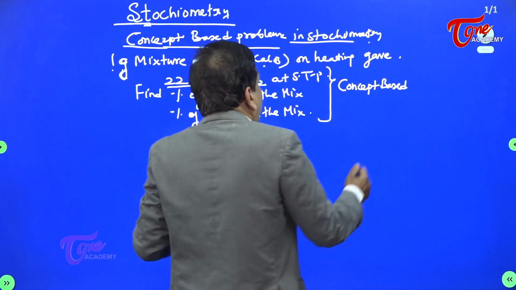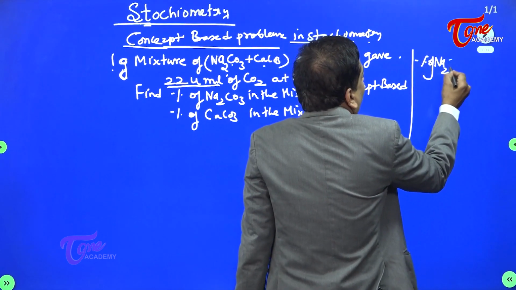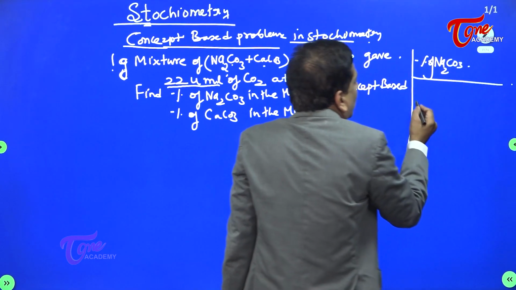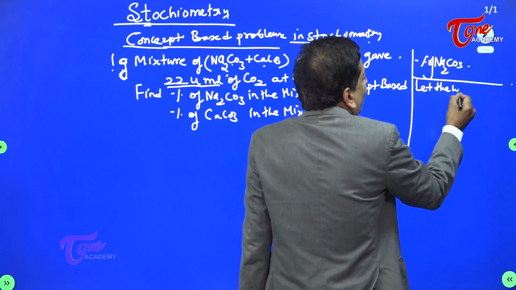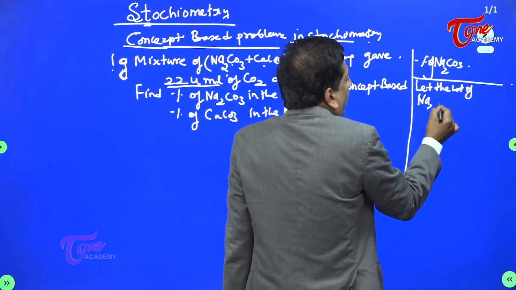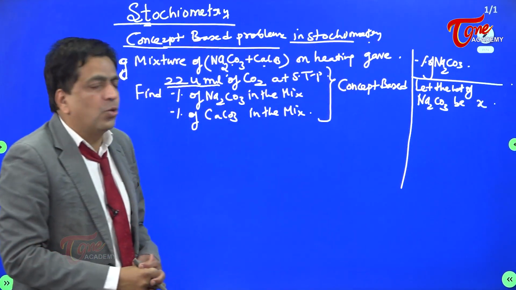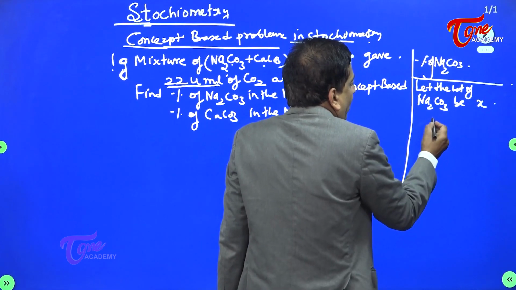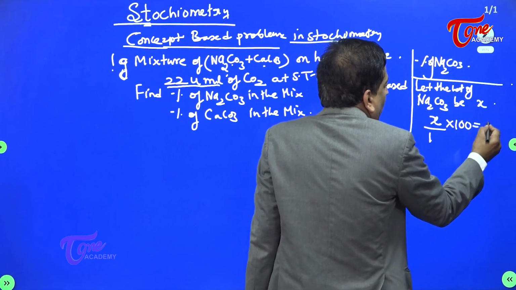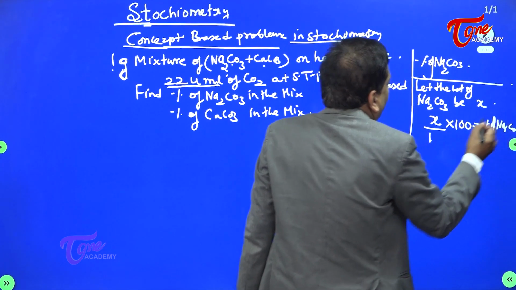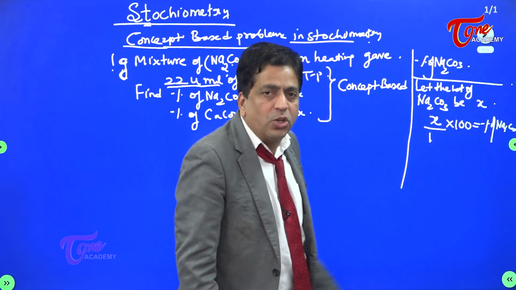Similarly, if he is asking the percentage of Na2CO3, let the weight of Na2CO3 be X. Then weight by total weight into 100 gives the percentage of Na2CO3. That is X by 1 into 100.